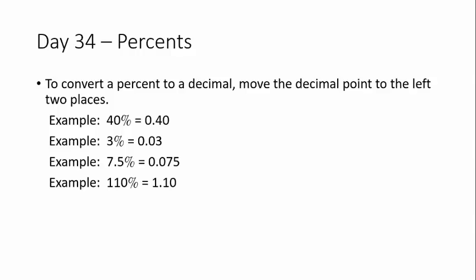We're undoing what we did previously. 40% can be written as 40 hundredths, or simply 4/10. 3% can be written as 3 hundredths. 7.5%, or 7 5/10%, can be rewritten as 75 thousandths. 110% can be written as 1 and 10 hundredths, or 1 and 1/10.